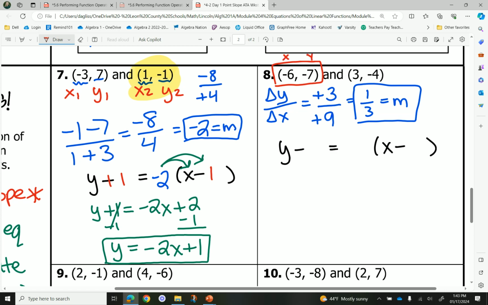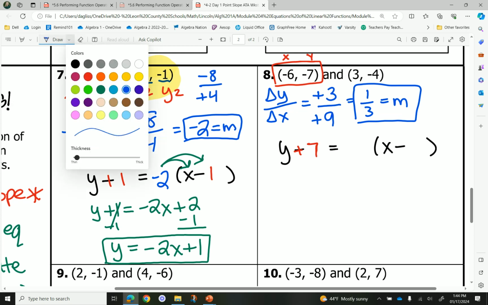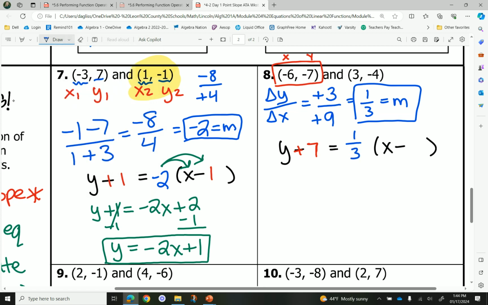So what's going to go up front? Y minus what? Y minus negative 7. Minus negative 7, so it changes to plus 7. Alright, what goes on the other side of my equal sign? 1/3. There you go.